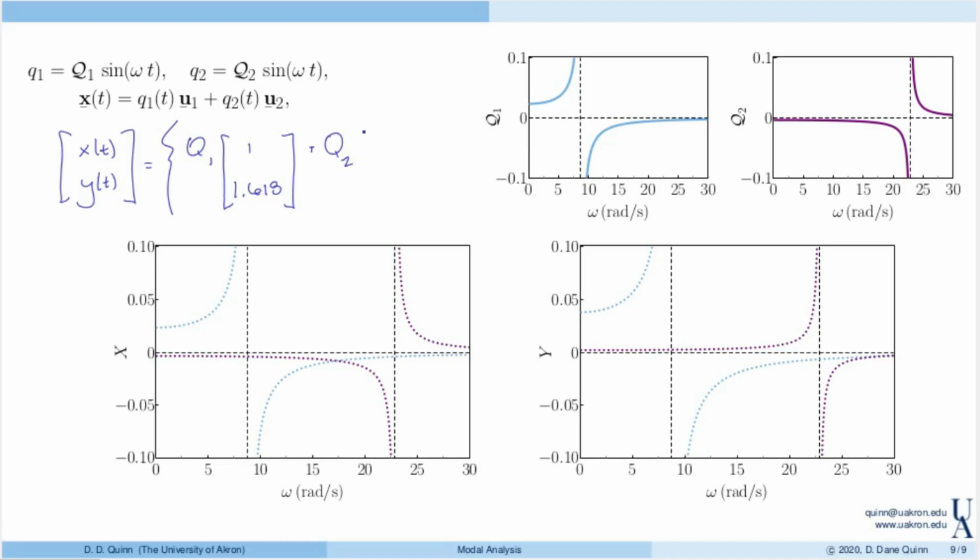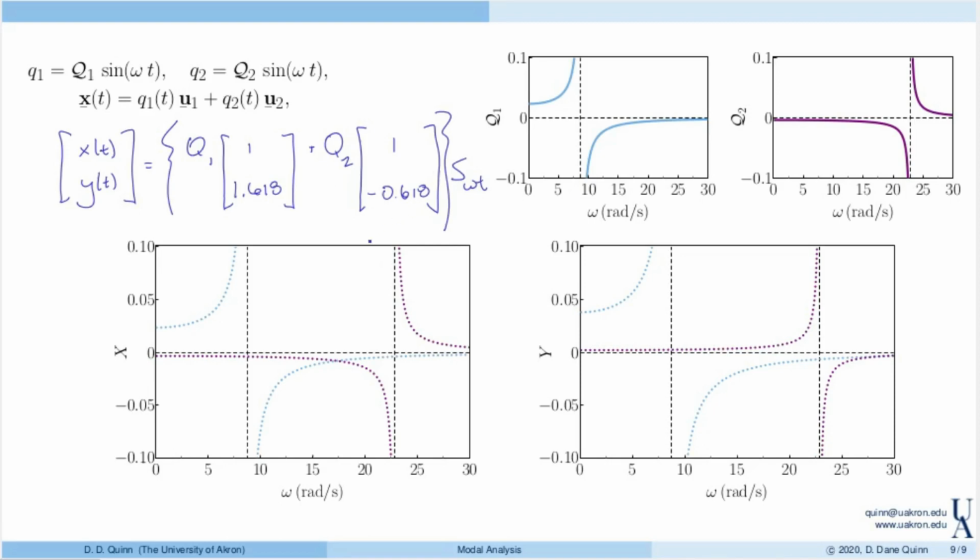Q2 is the amplitude of the second mode, and the second mode shape is minus 0.618, and then sine omega t. So with this harmonic forcing, both x and y, the displacement of the two blocks, behave harmonically, but the amplitude of those two is different.